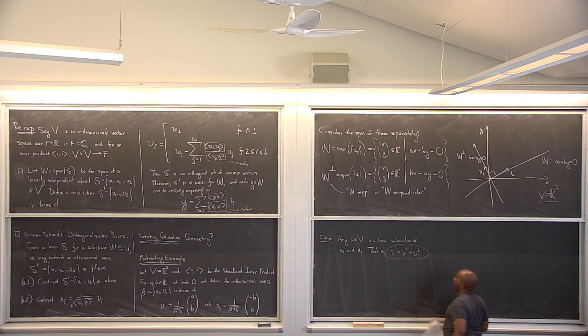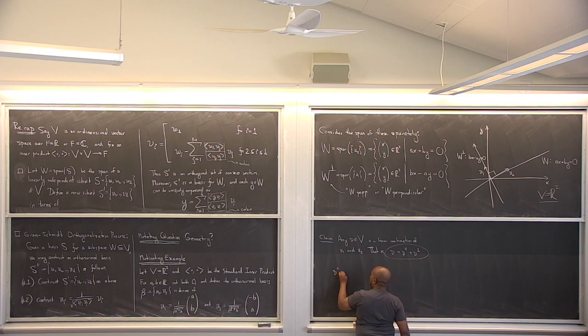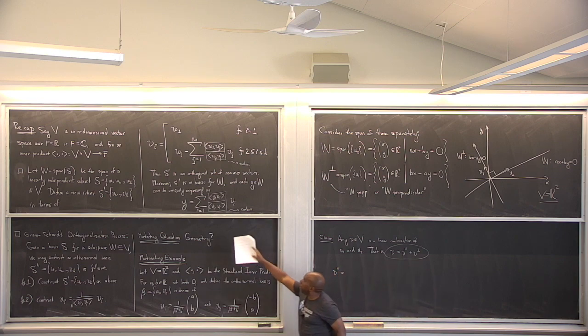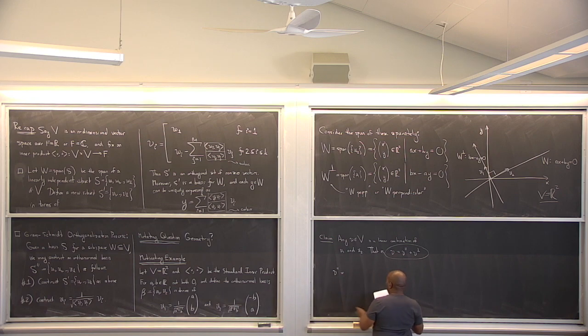I can write v as the sum of these two, where the first one here, I'm just going to use this notation here. So here I want to take the inner product of v with u1 divided by the inner product of u1 with u1.